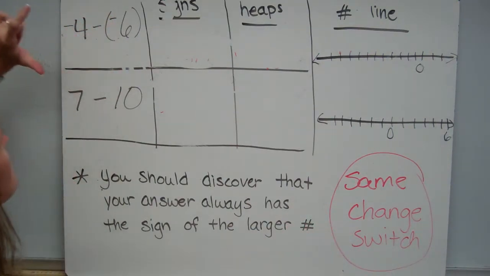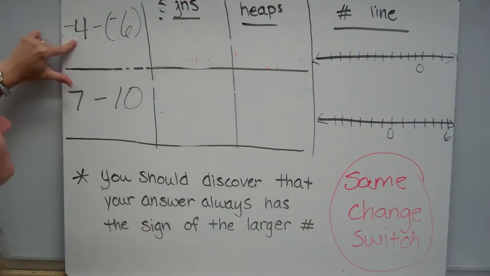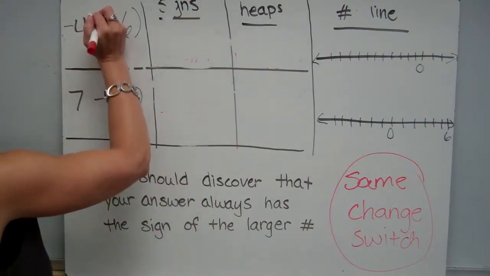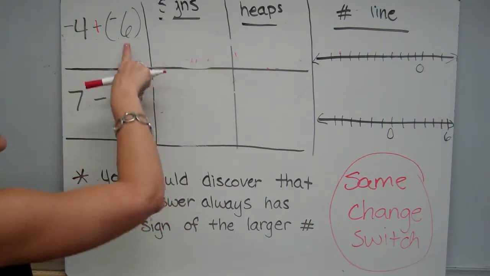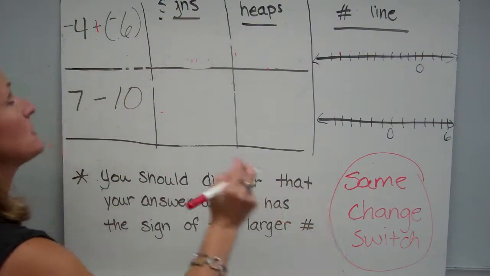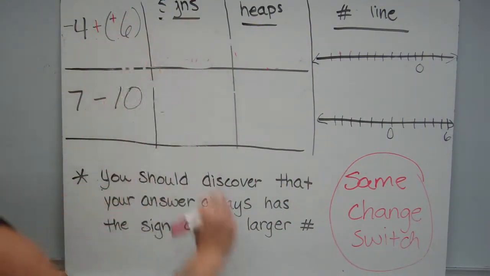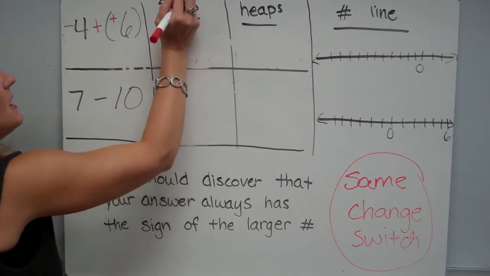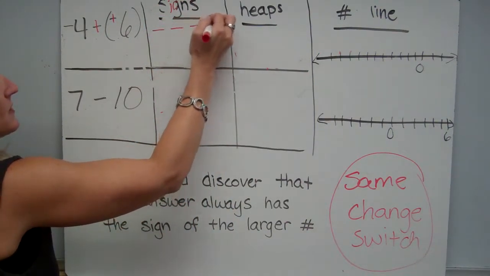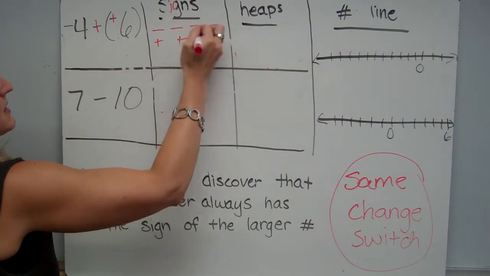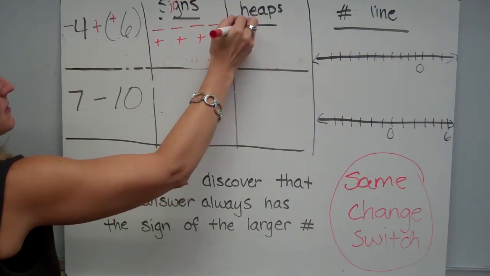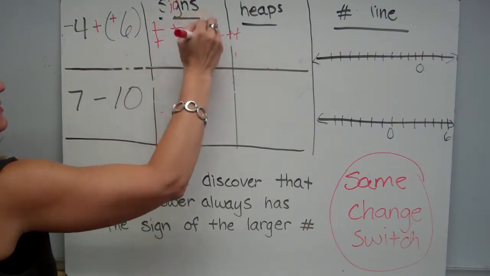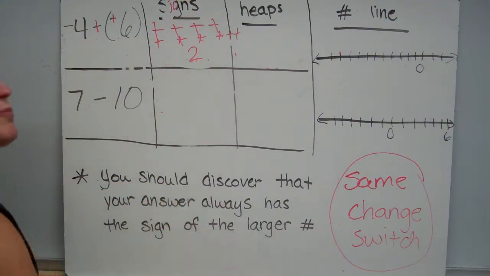What do I need to do? -4 stays the same, minus becomes a plus. -6, we need to switch it, so it's becoming positive. So when I go to do my signs, I'm going to do 4 negatives, 6 positives, cancel, cancel, cancel, cancel. My answer is positive 2.